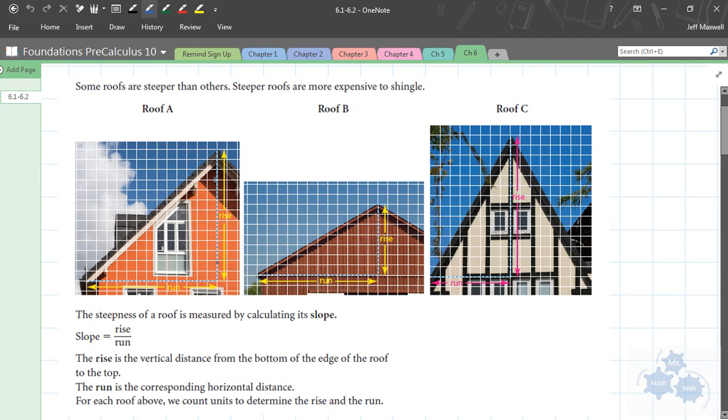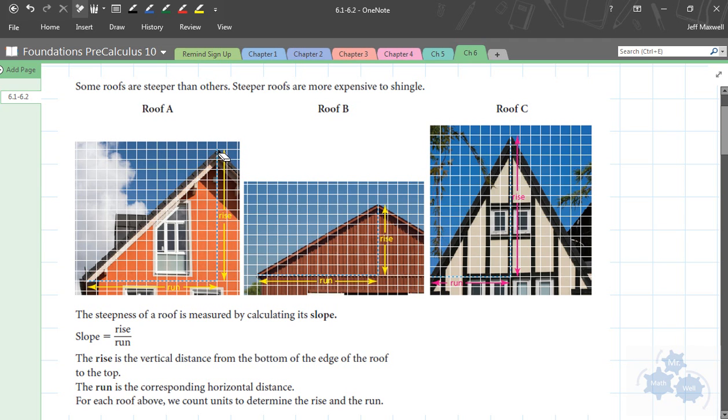Take the height from any point on the roof, say the lowest part of the roof, to the highest part of the roof. If we count those squares, it doesn't matter what the squares are right now, the rise would be 1, 2, 3, 4, 5, 6, 7, 8, 9, 10, 11, 12, 13.